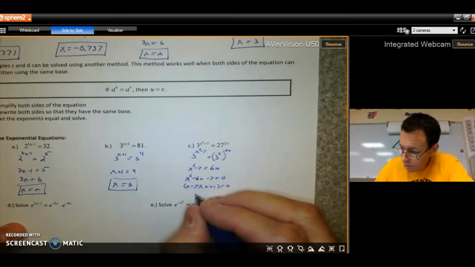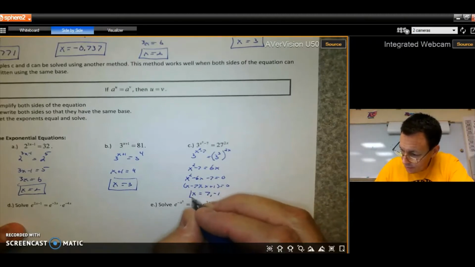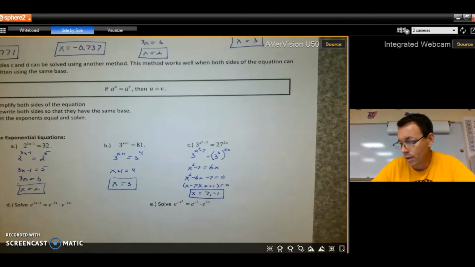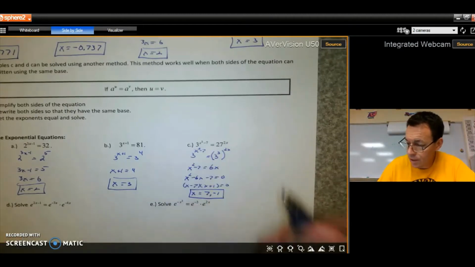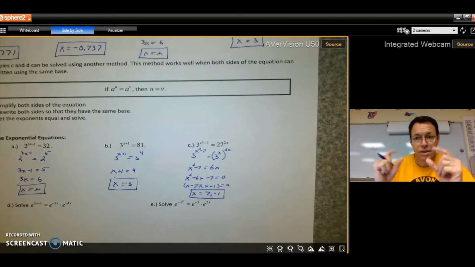And so I would get x equals positive 7 and negative 1. So this one has two x's that'll work. And if you plugged either one of those into the original problem, the two sides of the equation would equal each other. Okay, so again, if you can write the bases the same, or if the bases are already the same, then you can just ignore them and set the exponents equal.